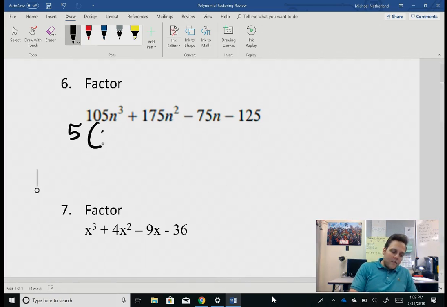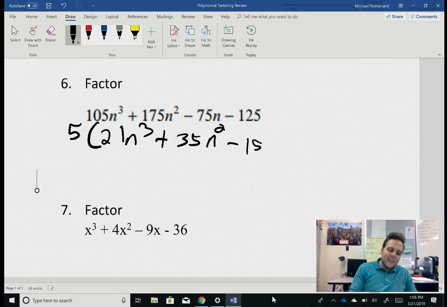So when I pull out 5, I get 21n cubed plus, let's see, 5 goes into 175 35 times, so 35n squared minus, 5 goes into 75 15 times, so 15n minus 225. Wow, I was really slow on that.